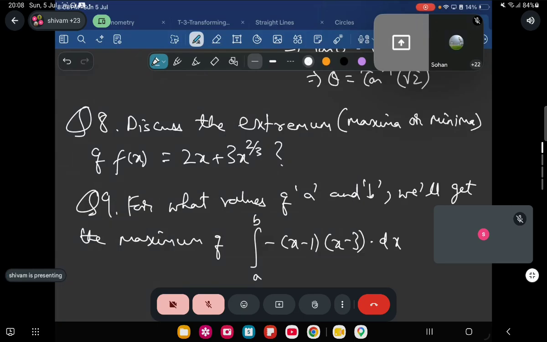So what is the meaning of discuss? Discuss means you have to tell me which one is the maxima, which one is the minima. Where are you getting maxima? Where are you getting minima?